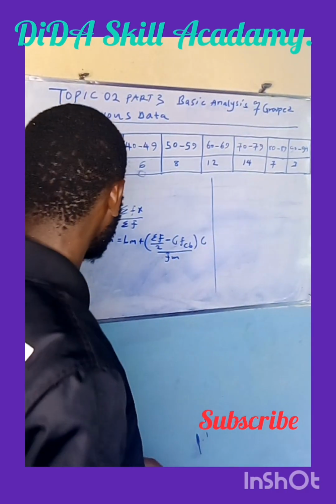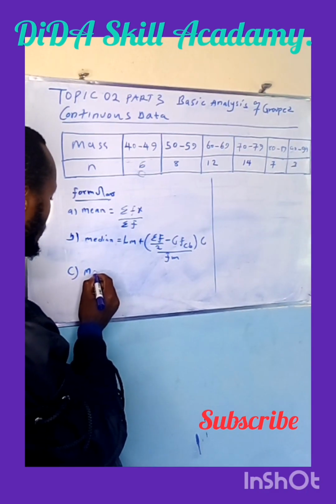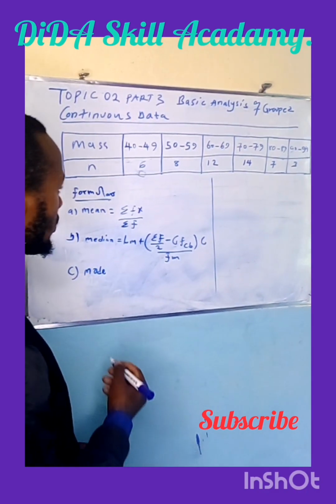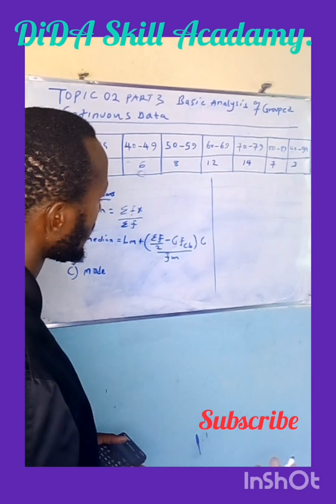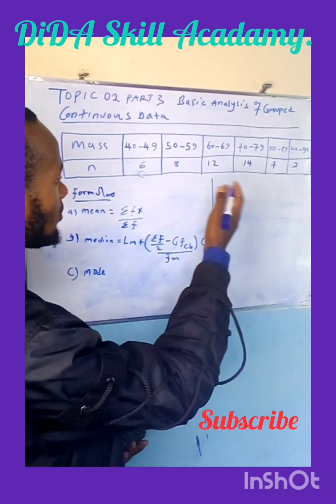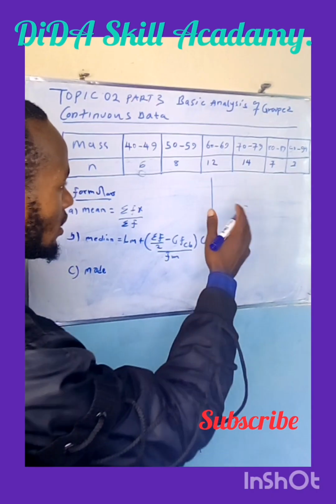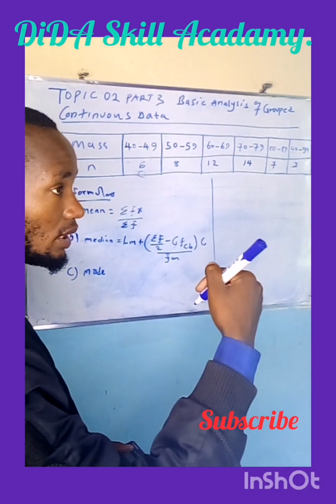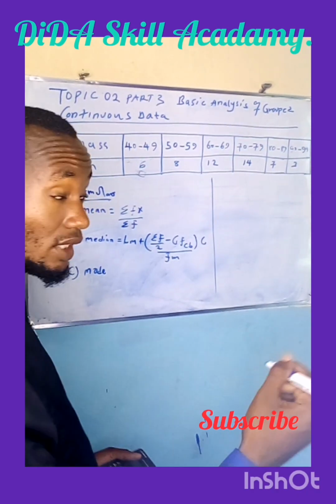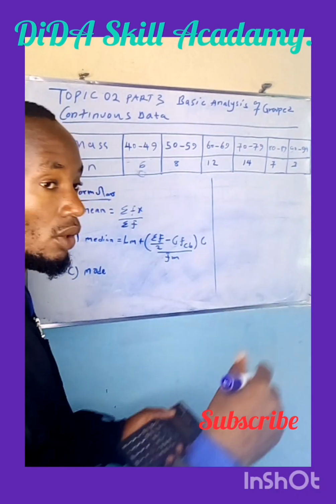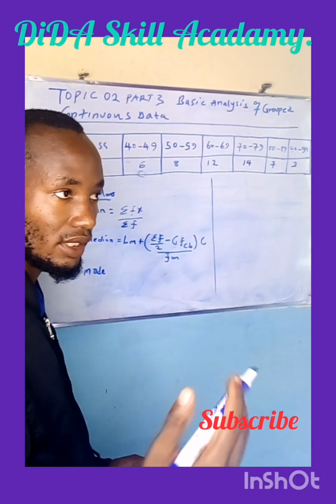Finally, we have the mode. As we have said, the mode is simply the most often repeated frequency in a particular class interval. If the data is grouped, whether it has odd numbers or even numbers, check the previous video where we covered prime numbers, odd numbers and even numbers.